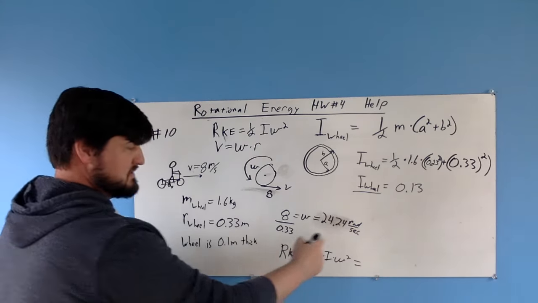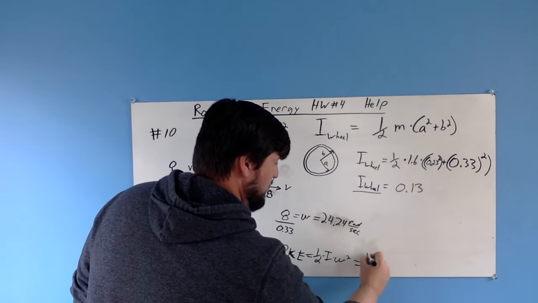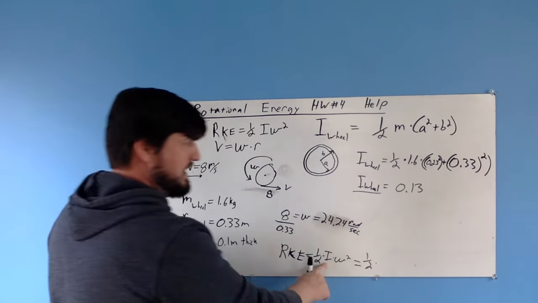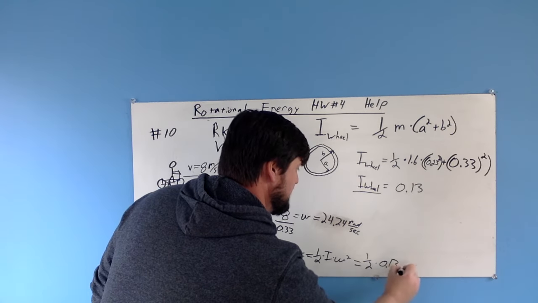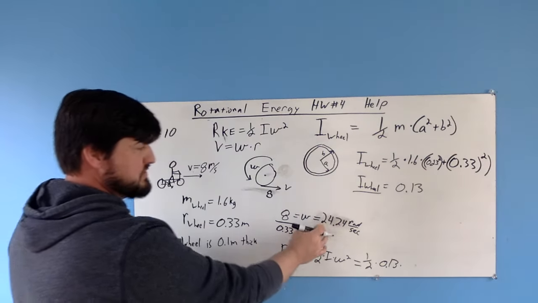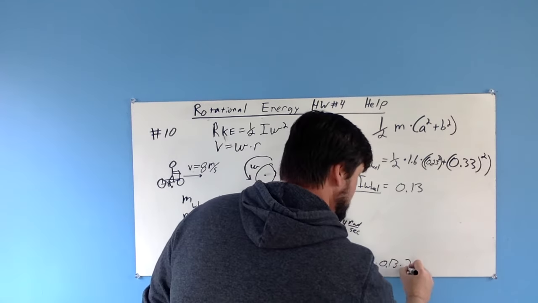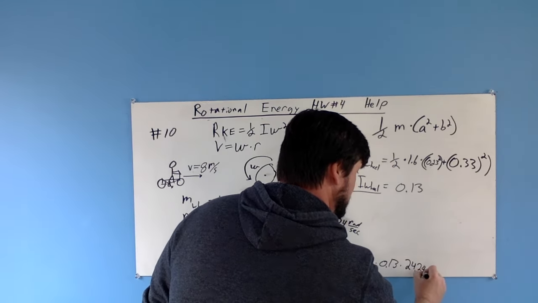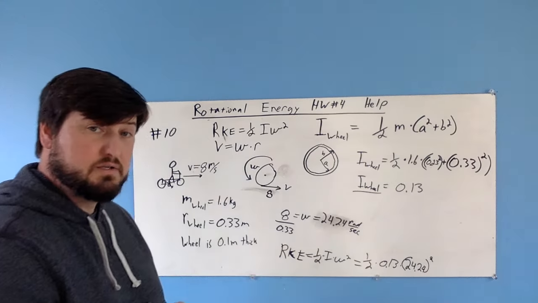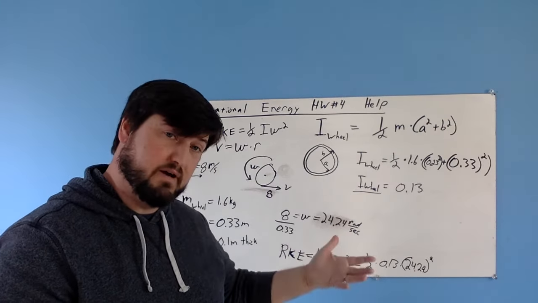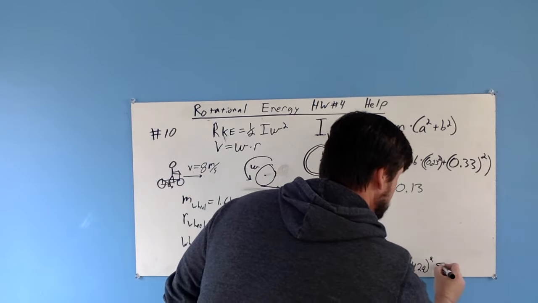Okay, so that is 1/2 times our I, which was 0.13, and our omega was 24.24, but remember our omega has to be squared. So if we solve this out here, then we'll find our rotational kinetic energy. So let's go ahead and do that, all right?